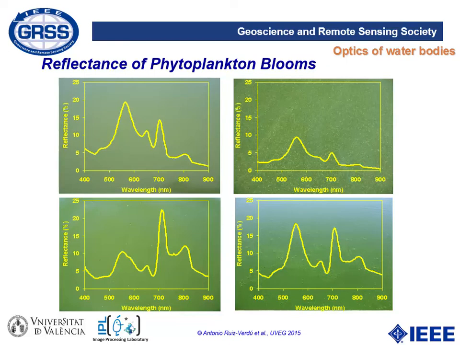The blooms, as I said before, are a massive growth of phytoplankton, which occur when the nutrient concentration in water is very high, and phytoplankton can grow in a very rapid way, giving the water a very turbid and green aspect, and in some cases with aggregates of particles that can be seen by the eye or can form scums on the surface of the water.